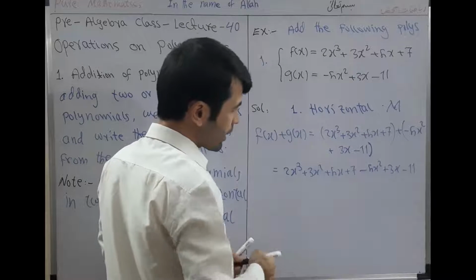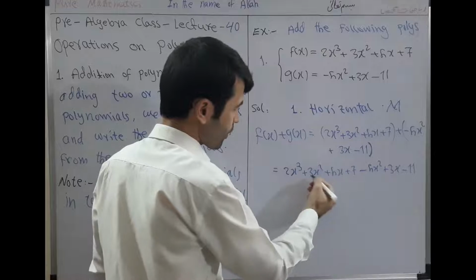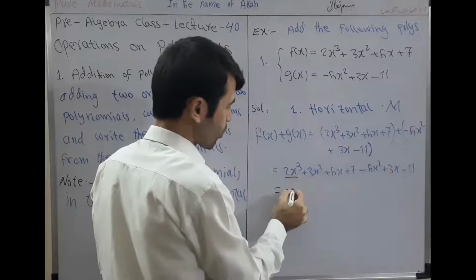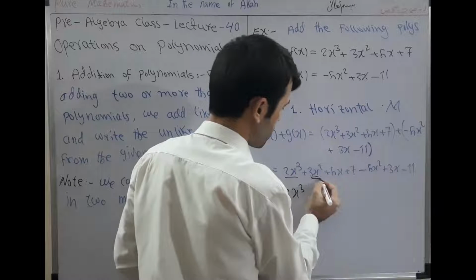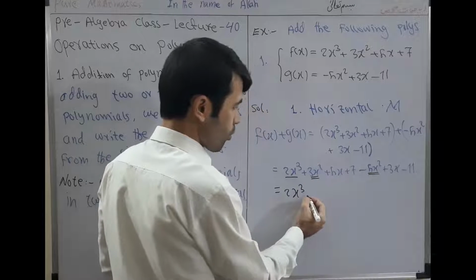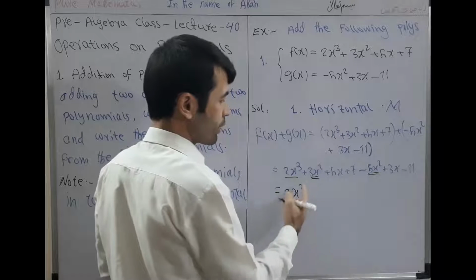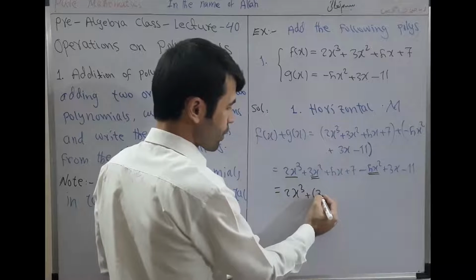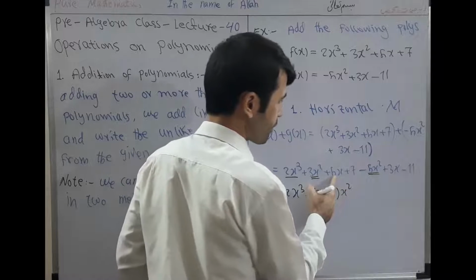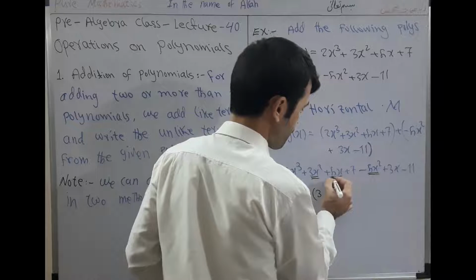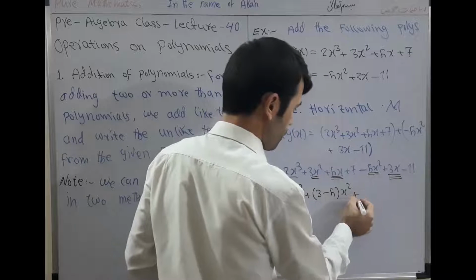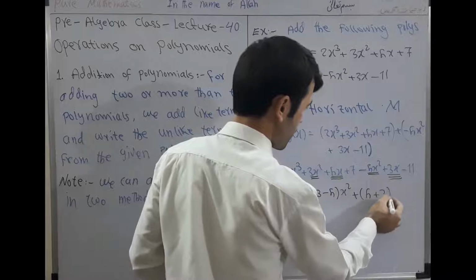We want to add the like terms from here. Here we don't have another x cube, so we can write 2x cube. Here we have 3x square, and here we have minus 5x square, so we can write 3 minus 5 into x square. Here we have 5x and here we have 3x, then we can write 5 plus 3 into x.